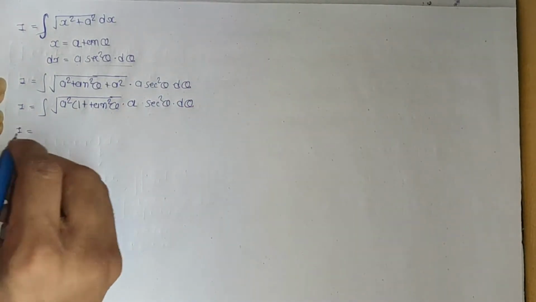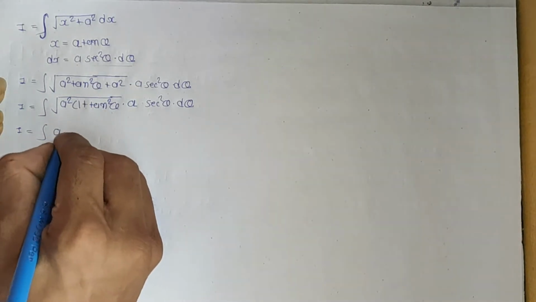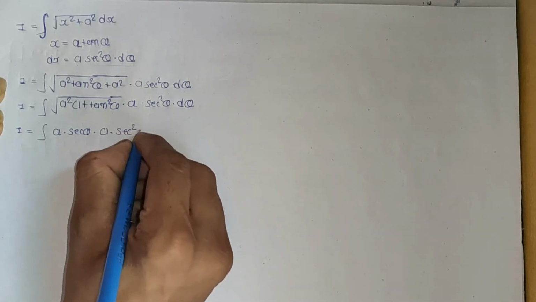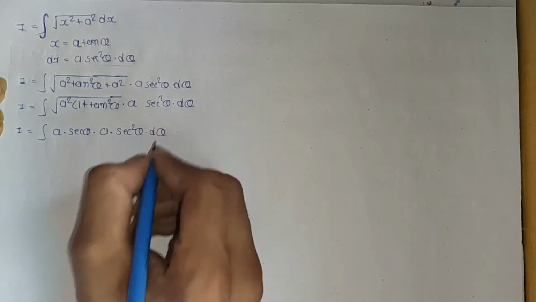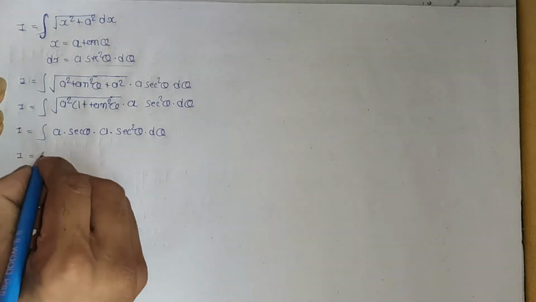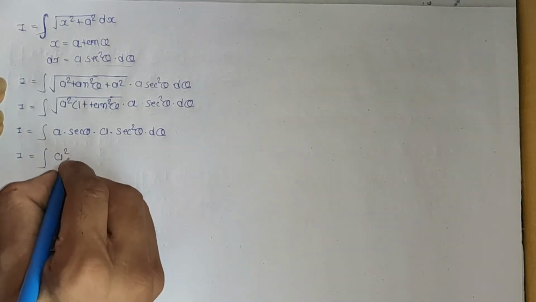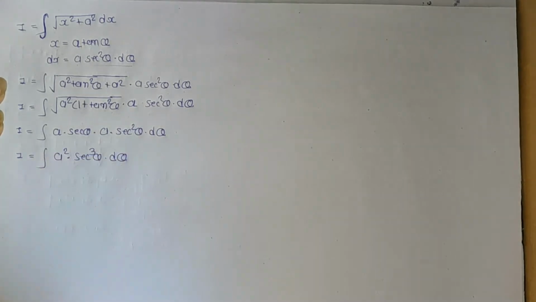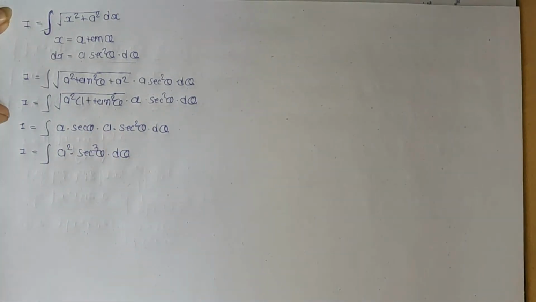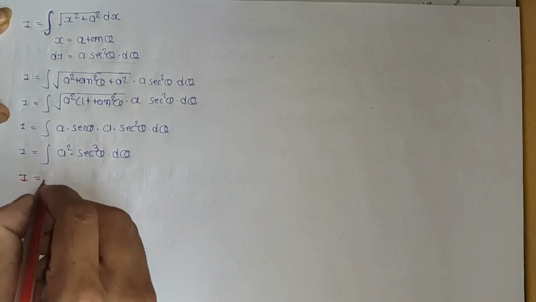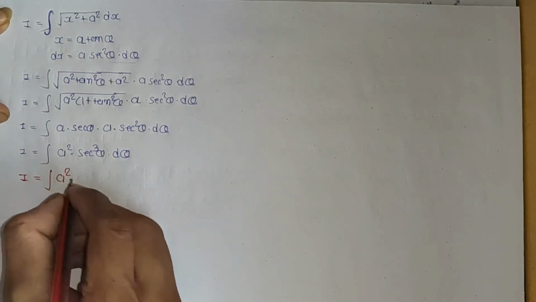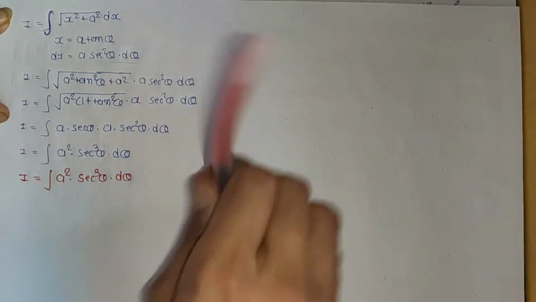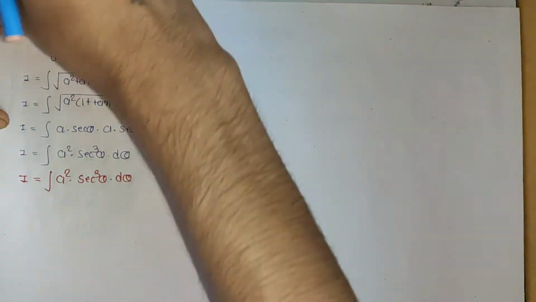Now I equals integration a sec theta times a sec theta d theta. I equals integration a square sec cube theta d theta. We have to derive this one. Okay, let's start.